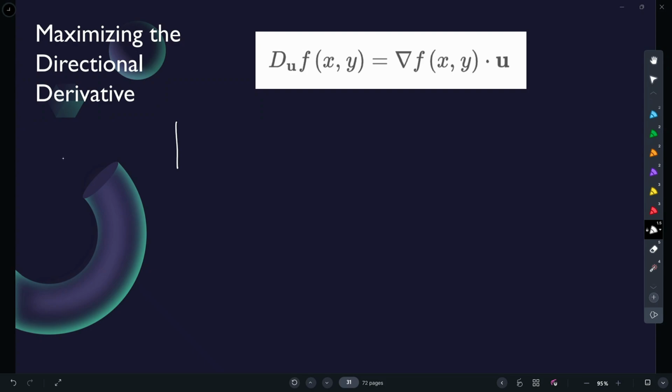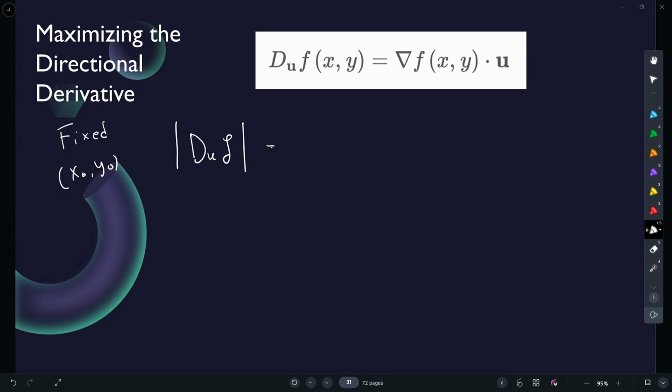So suppose I have fixed a point, x naught, y naught, right? And I want to know in all directions from that point what is the highest value or the smallest value of this function. So I want to know how big that value can be.